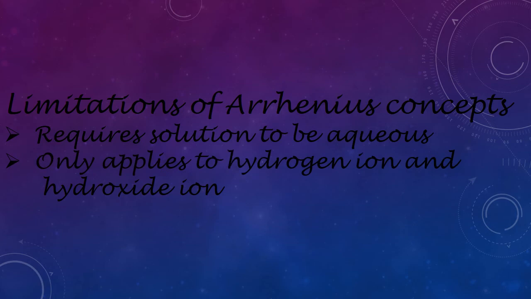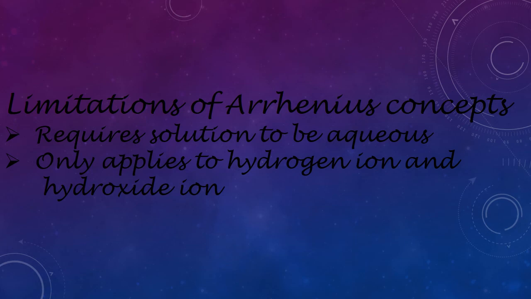Arrhenius concept always requires an aqueous solution. So let's suppose our solvent is not water. Then we cannot differentiate which species is acid and which species is base. It's not necessary that we always take water as a solvent. So when we are not taking water as a solvent, we cannot apply Arrhenius concept to that solution.